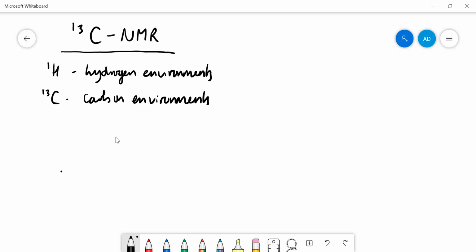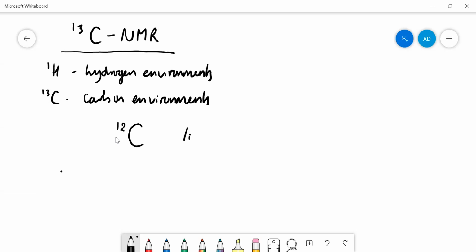Now the problem with carbon is the most common isotope of carbon is carbon 12, and when you have an even number of nucleons, you don't get an NMR spectrum. So carbon 12 can't be looked at with NMR.